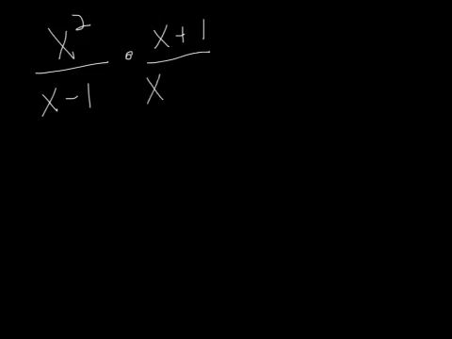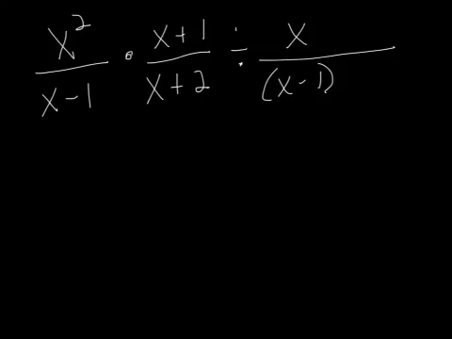Okay, the next example is x squared over (x minus 1) times (x plus 1) over (x plus 2) divided by x all over (x minus 1)(x plus 2).